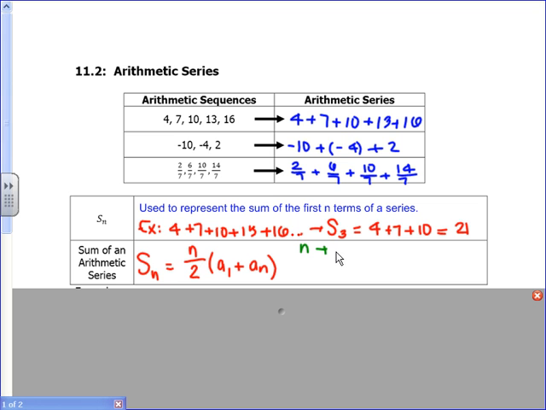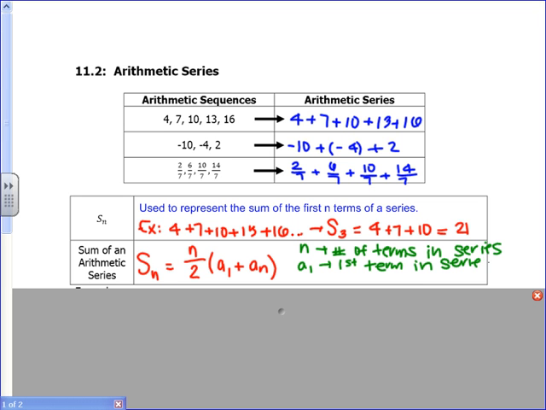The n means the number of terms in the series. So for example, this first one we had up here has 1, 2, 3, 4, 5 terms in the series, so our n would be 5. A sub 1 is the first term in the series.